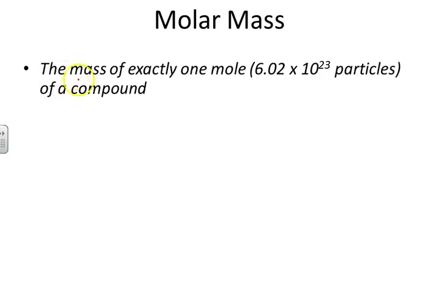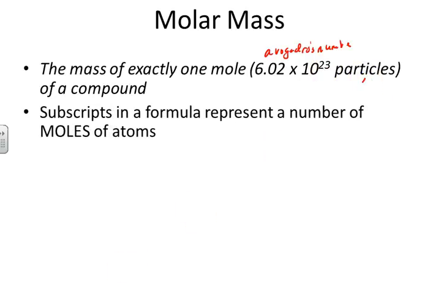The molar mass is the mass of exactly 1 mole, or 6.02 times 10 to the 23rd particles. This is Avogadro's number, of a compound. So when we say particles, we're dealing with molecules or formula units, and we'll differentiate between those again in a bit.